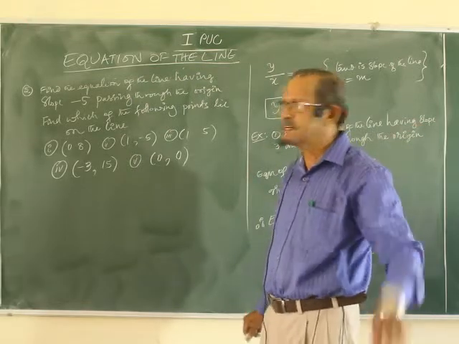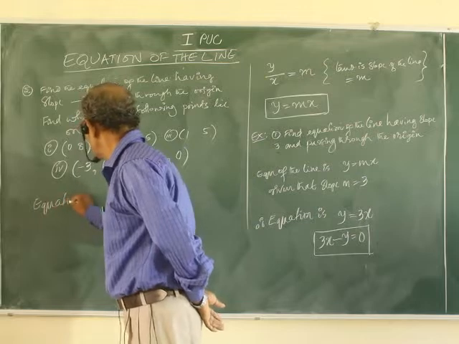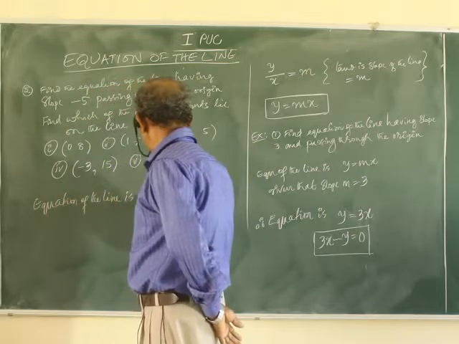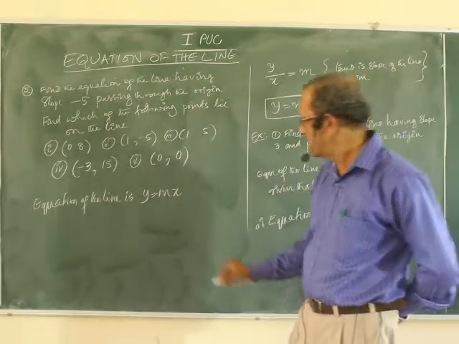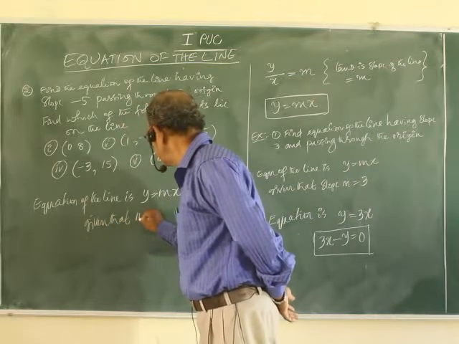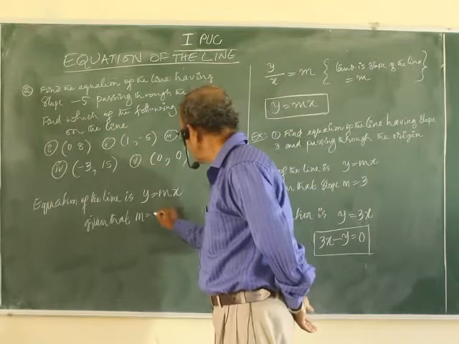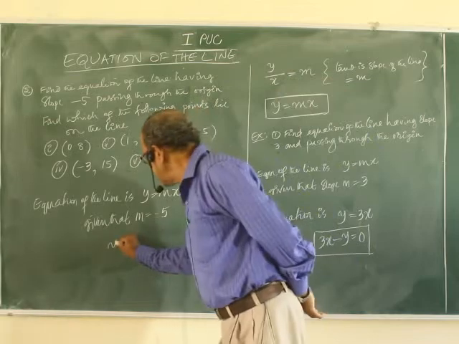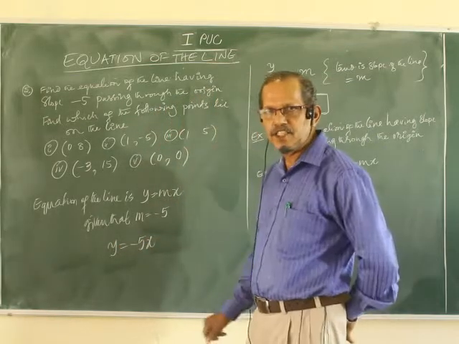Write the equation first. Okay, right. Equation of the line is y equal to mx. Formula. Given that m is slope, having the slope minus 5. Write y as it is, m minus 5, x as it is.